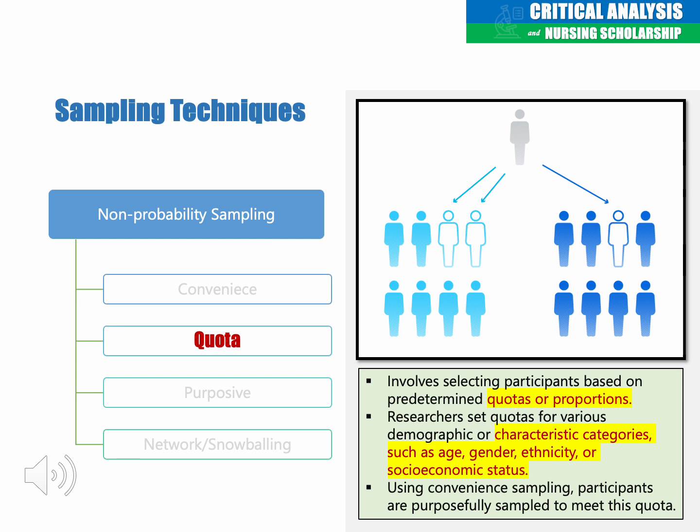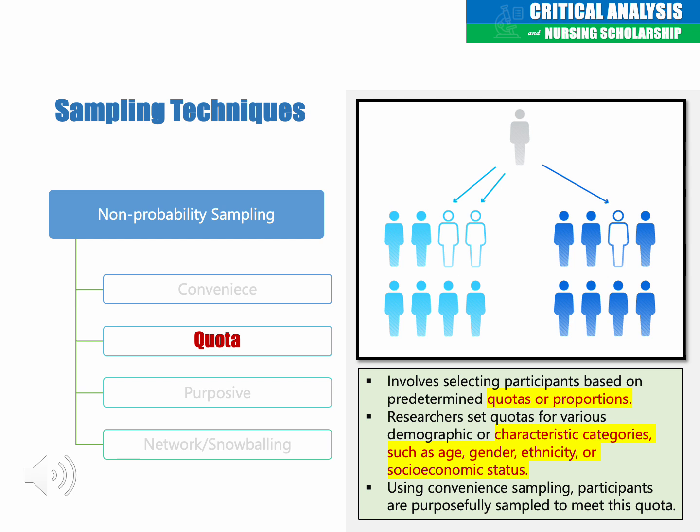In here, your participants are selected based on predetermined quotas or proportions. You set quotas based on traits like age, gender, year level, or shift schedule, and then intentionally recruit participants to match those quotas.